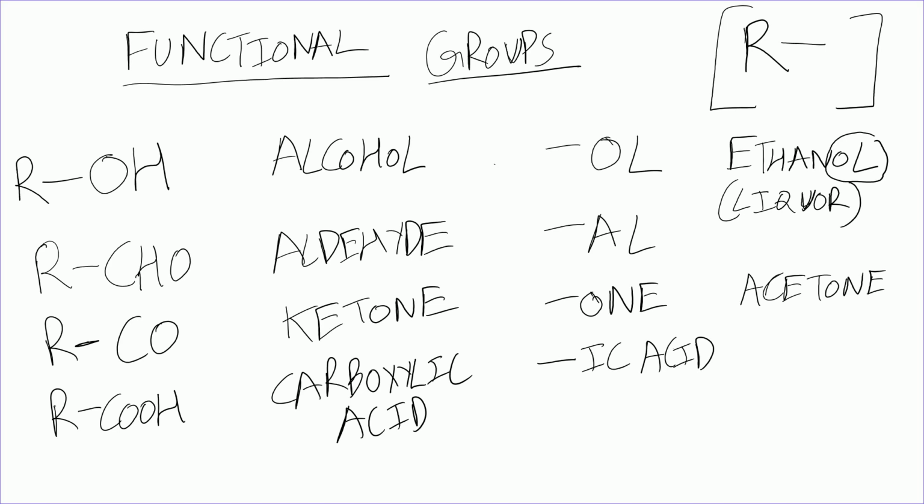Whenever the name ends in "ic acid", that is a hint to you that the functional group is the carboxylic group. The most common example of carboxylic acid is acetic acid. Acetic acid, or ethanoic acid, is what we call vinegar. So on and so forth.